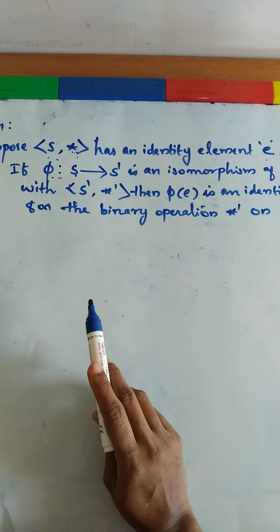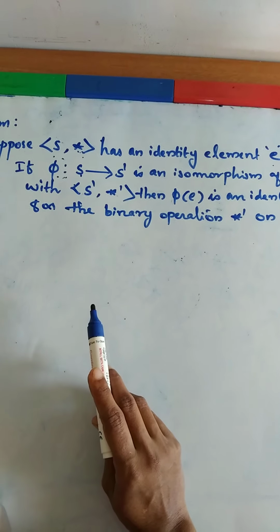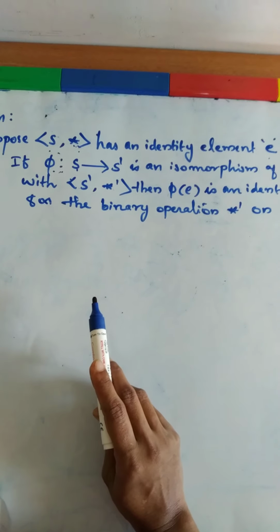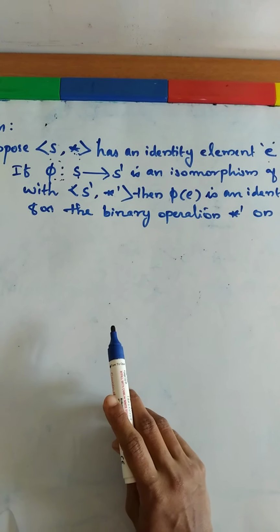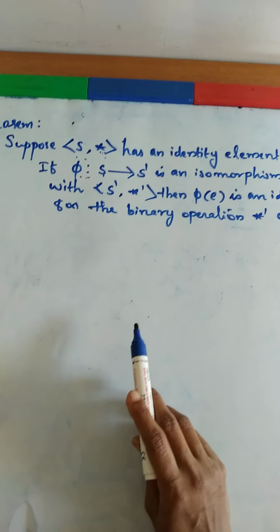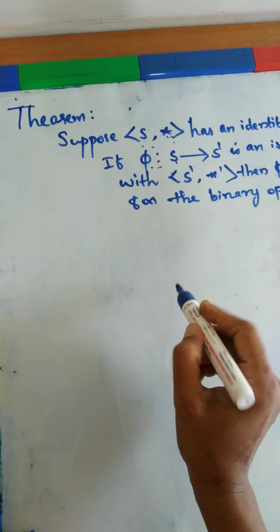That means an isomorphism maps an identity element into an identity element of the codomain. Is it clear? So this is one theorem, and we need to prove it. How will we prove this theorem?